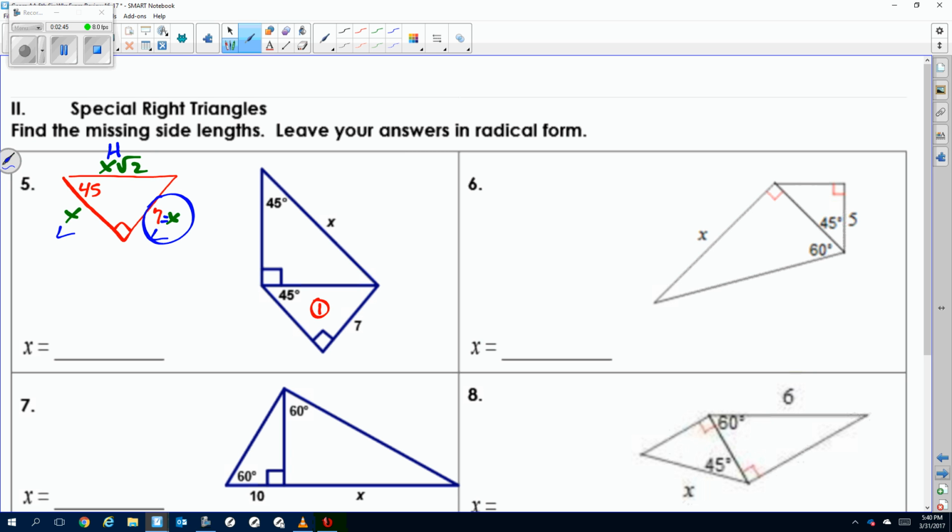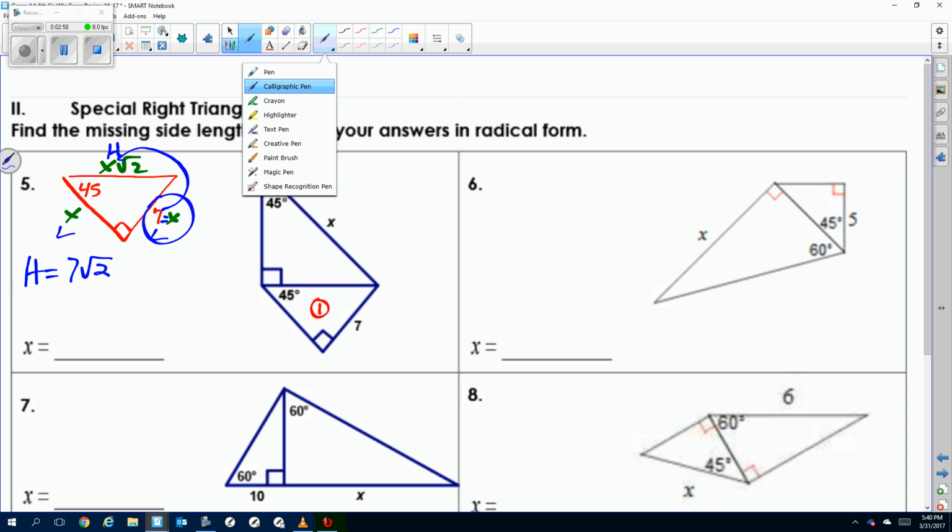And to get to the hypotenuse, since that is my X, I'm just plugging that number in place of X. So my hypotenuse is 7 square root of 2. I want to make sure you understand where that part is. Here's your hypotenuse right here. That is also the leg in its composite, the adjacent triangle.